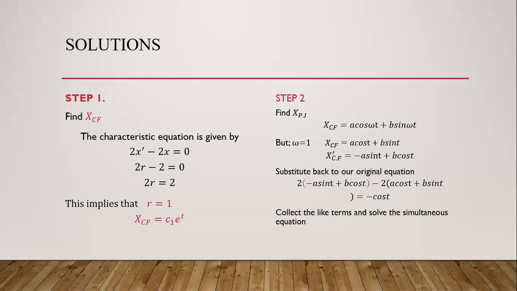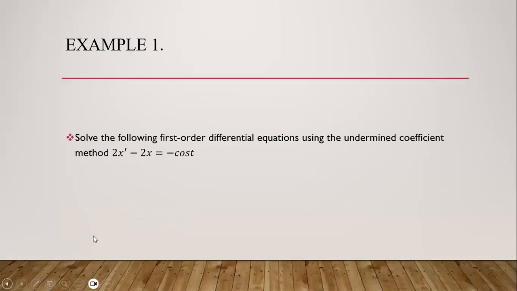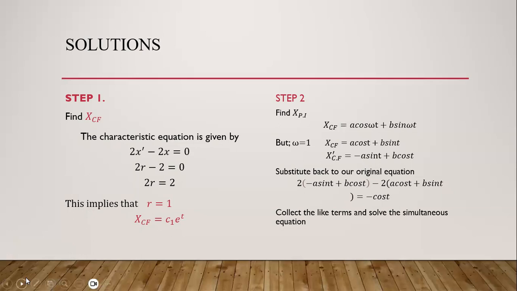Since we can see from our equation, we had the non-homogeneous part of the equation as negative cos t. Once the non-homogeneous part is a trigonometric function, our x_p will be given by a cos omega t plus b sin omega t.